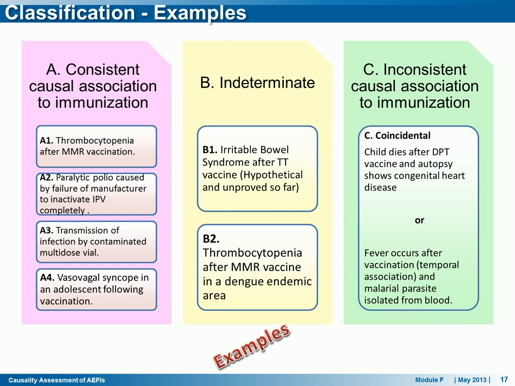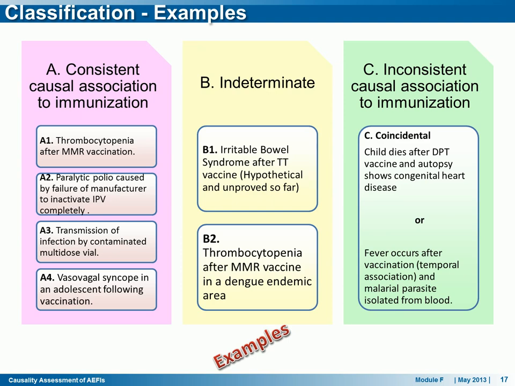Now let us look at the indeterminate category and spend some time on that. The first category for indeterminate was that there was a temporal relationship with vaccination, but there is insufficient definitive evidence that the vaccine caused the event. It means by time the vaccine is related to the adverse event. That is, the adverse event occurred within a reasonably good time after the vaccine was administered to call it related to the vaccine.